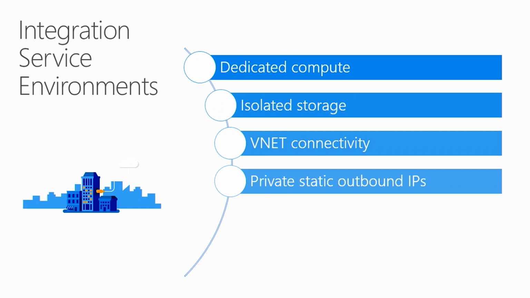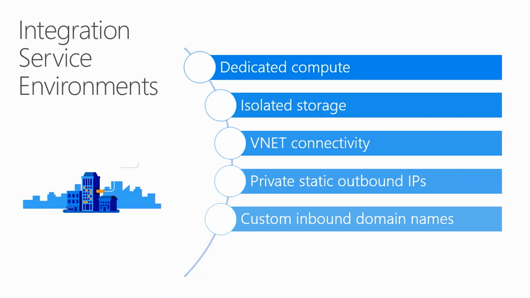We have static IPs in Logic Apps today, but they're for our service, so anybody who deploys a Logic app will be executing from those IPs. But with an integration service environment, you get your own set of IPs, so you can be certain that it's your Logic app that's actually behind that IP address. And custom inbound domain name.